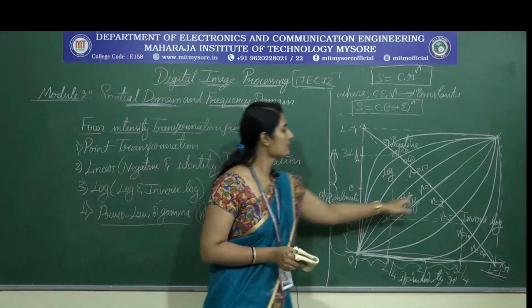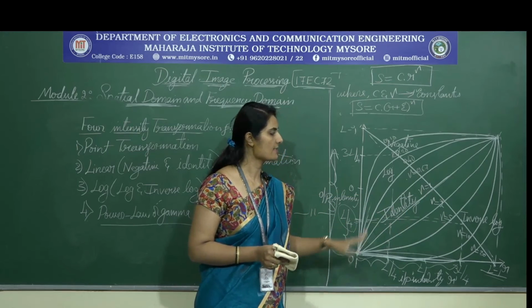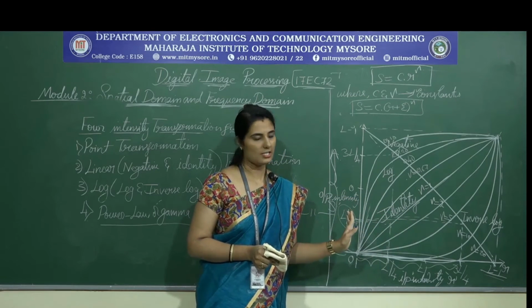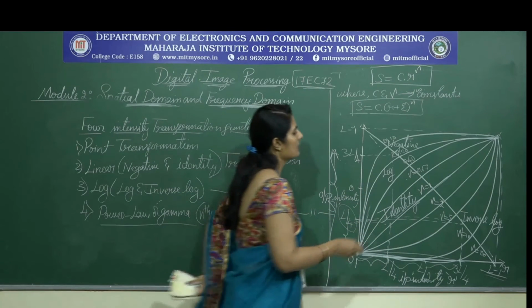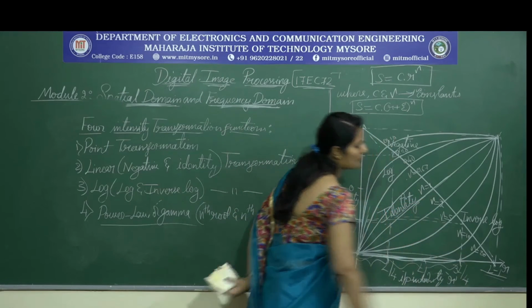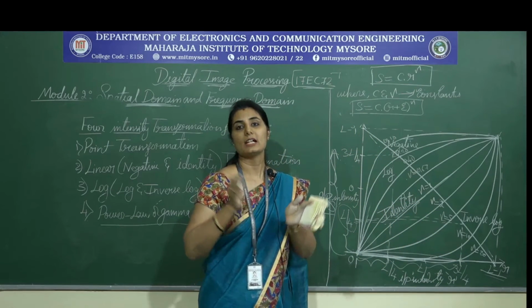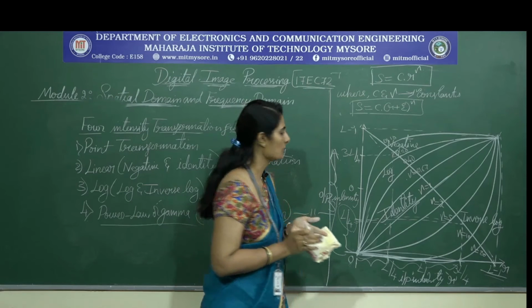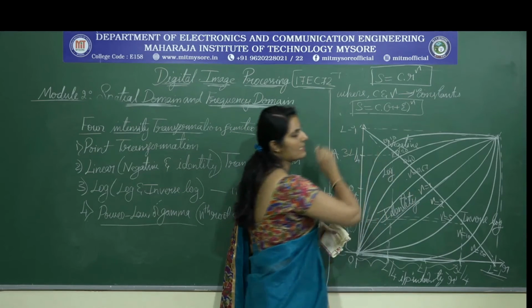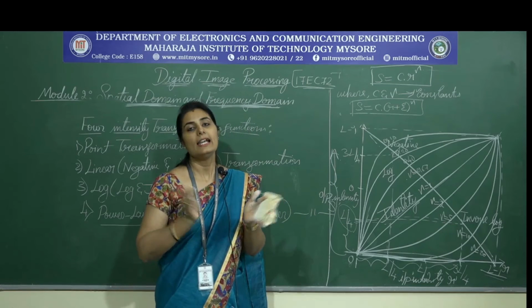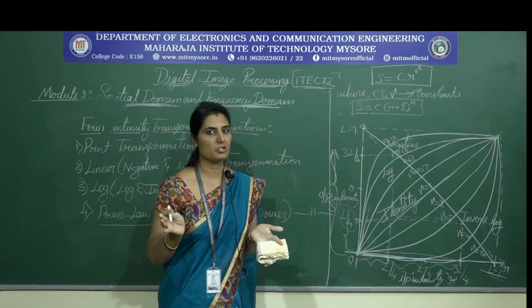If the gamma is equal to 1, then this represents identity, there is no change in the image, and if the gamma value is greater than 1, then this provides compression of brighter region. If the gamma value is less than 1, then this provides expansion of darker region.